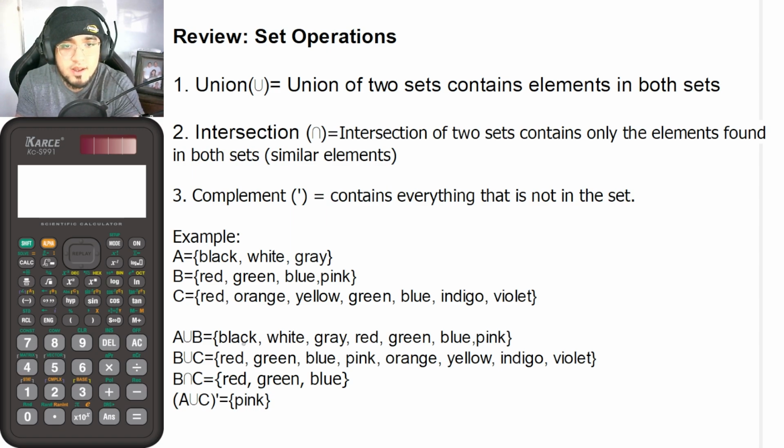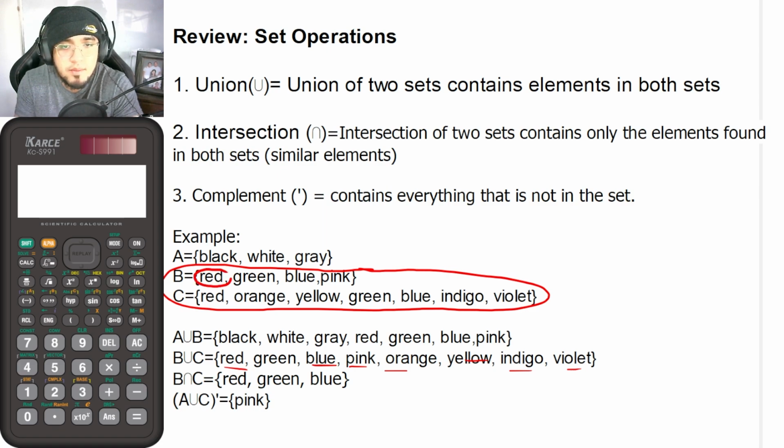So the union between B and C is red, green, blue, pink, orange, yellow, indigo, and violet. Similar elements will only be written once.